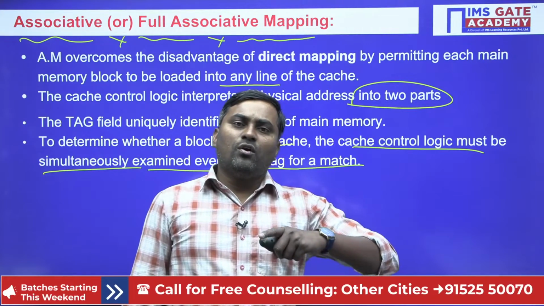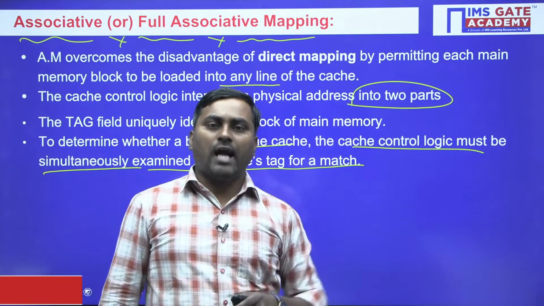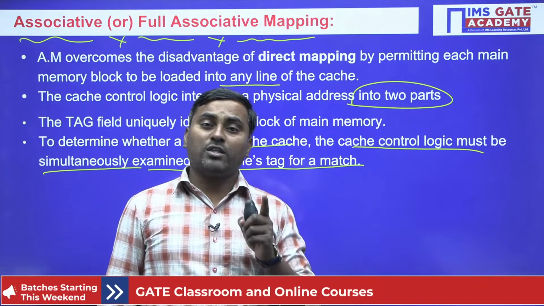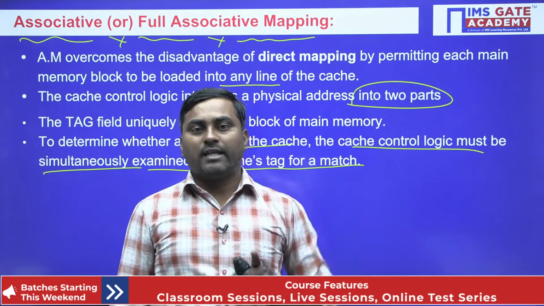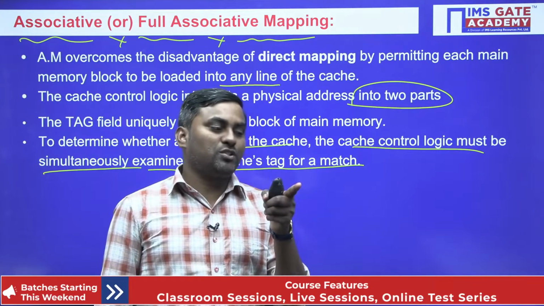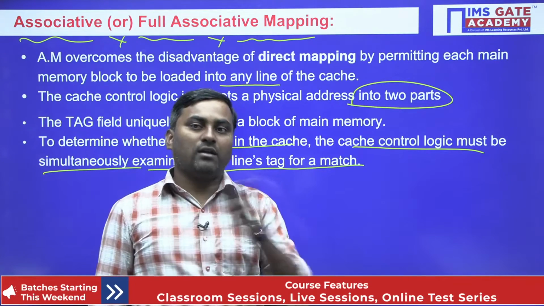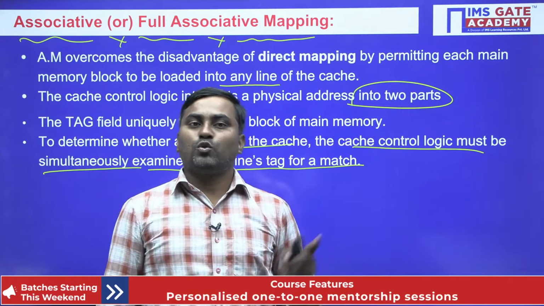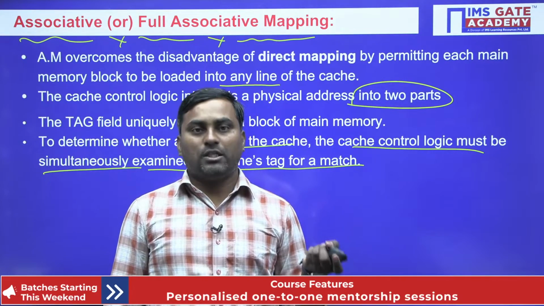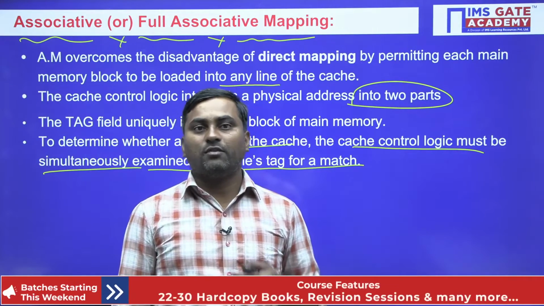Since we are placing blocks anywhere in the cache, every cache block needs to be examined. So the cache controller searches every block in parallel. Wherever it is present, it will match, then it is a hit, otherwise a miss.